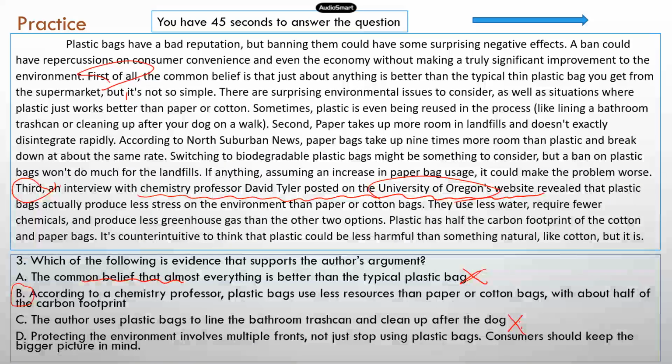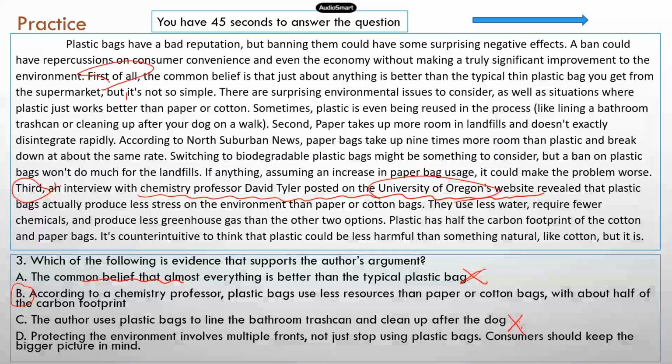D, protecting the environment involves multiple fronts, not just stop using plastic bags. Consumers should keep the bigger picture in mind. So this is not a particular piece of evidence, right? This is a very general kind of point of view. We have to think about all the aspects of protecting the environment, producing less waste and using less resources.